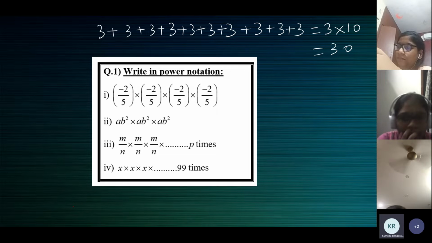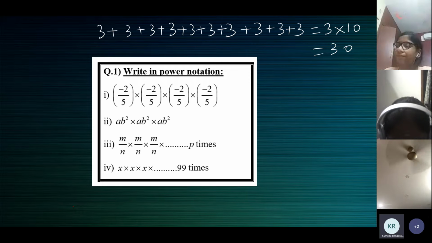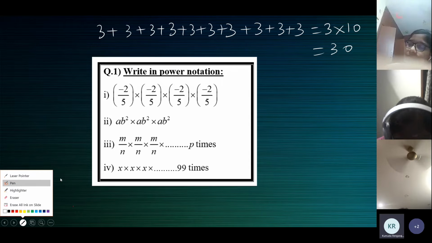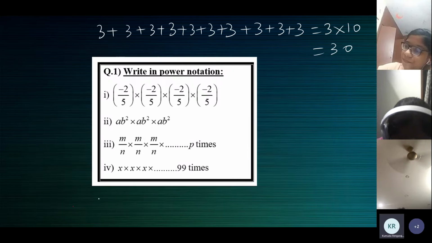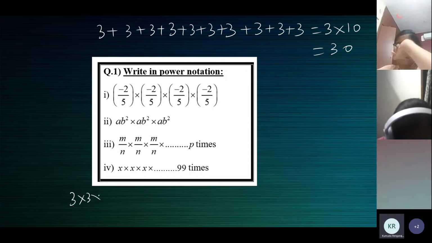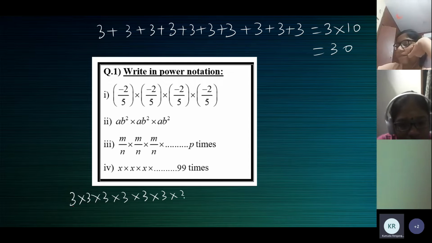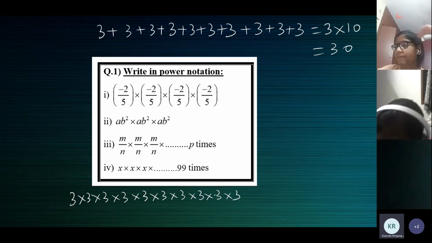Repeated addition is multiplication. Repeated multiplication is written in the exponential form. Now, if it was 3 into 3 into 3 into 3 into 3 into 3 into 3 into 3 into 3 into 3, 1, 2, 3, 4, 5, 6, 7, 8, 9, 10.